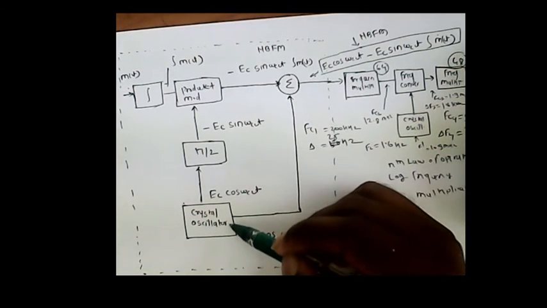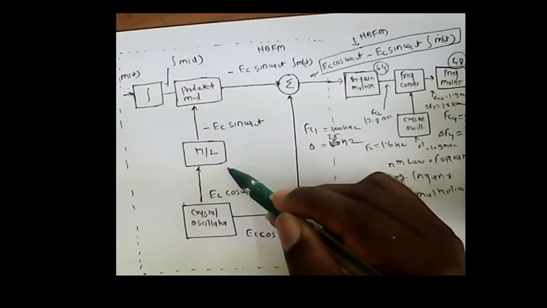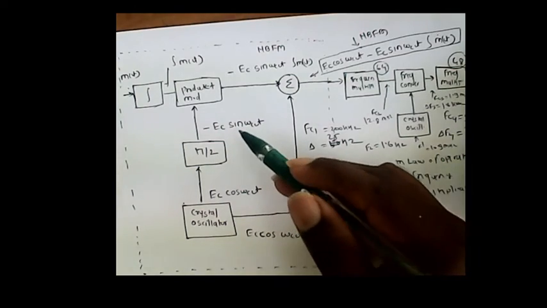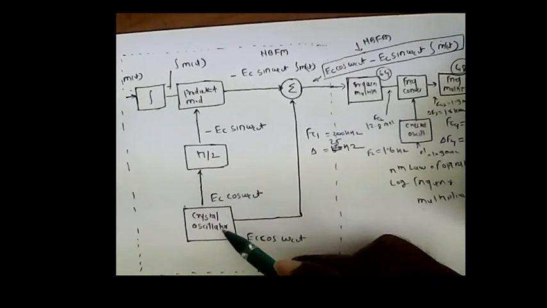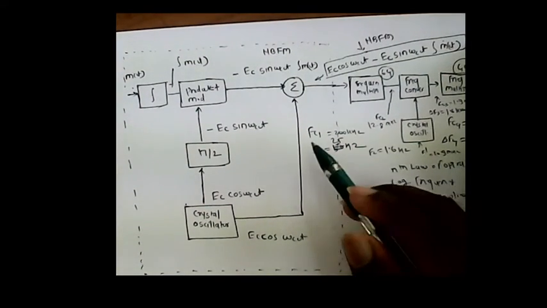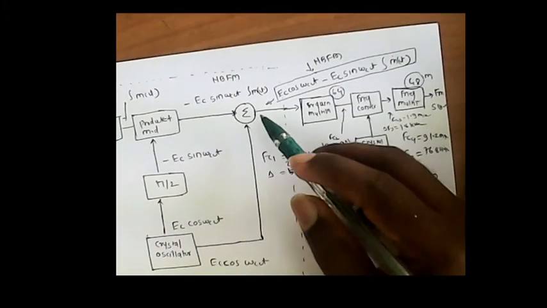This is generated by the crystal oscillator E cos omega c t, which after being applied to the phase shifter gives E c sin omega c t. The crystal oscillator simultaneously generates E c cos omega c t, which is given to the summation block. The summation block has two inputs.